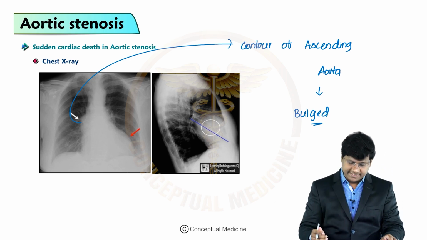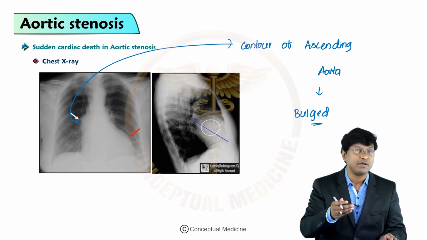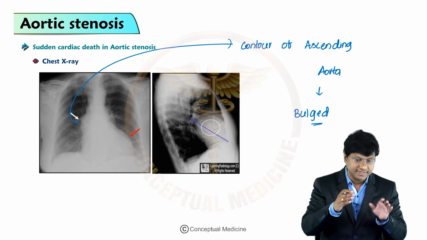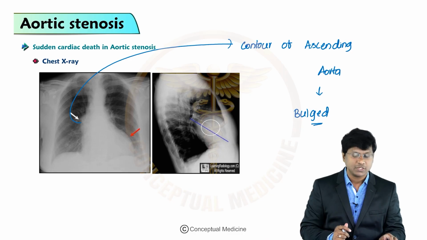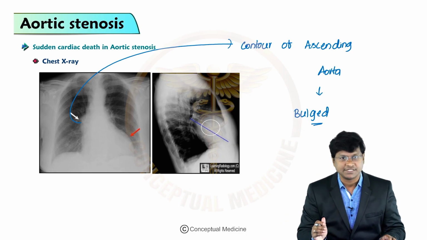It is like supravalvular, that means above the valve there is bulging of the aorta. So that is the contour of the ascending aorta being bulged.